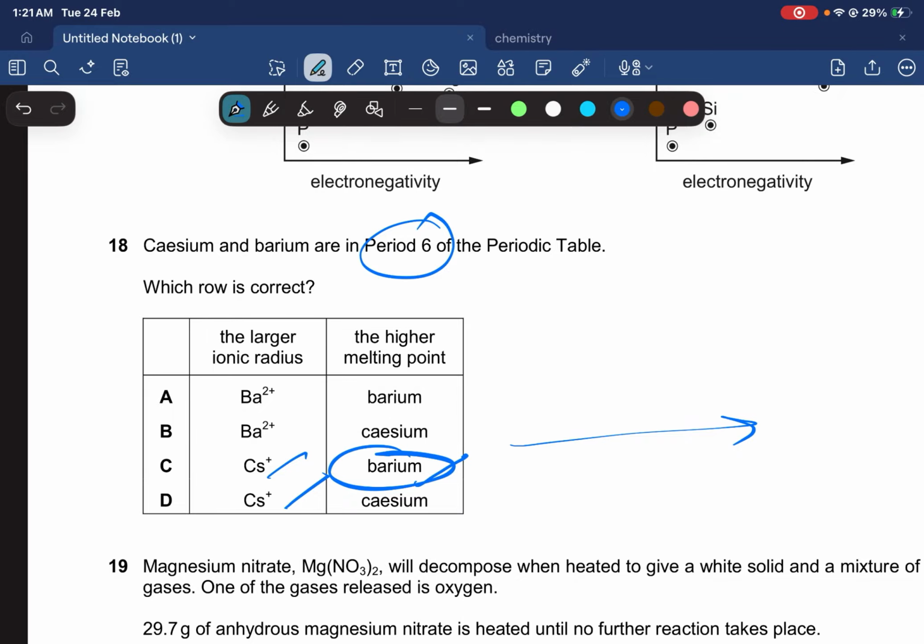Because look at the ratio. It's 1 to half. So if I have 0.2, I get 0.1 mole. What is the mass of the oxygen produced? It's 0.1 mole of oxygen.